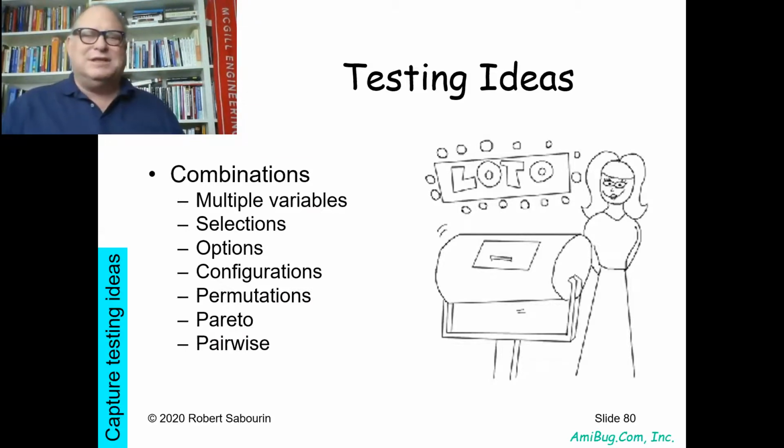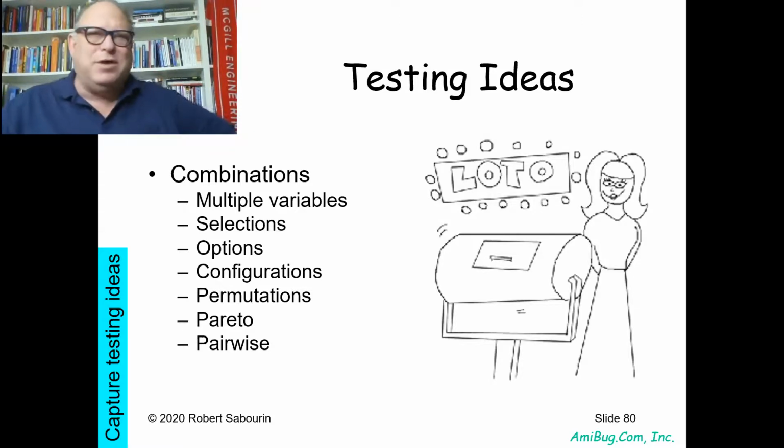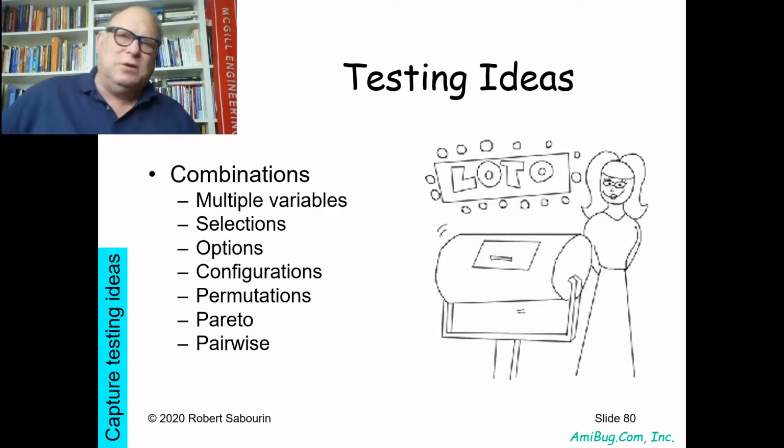I always share examples where in a system, the customer had 60 factorial tests they thought they would try, and 60 factorial is 8 point something times 10 to the 81. You have a number that's so large, it's bigger than the number of atoms in the visible universe. There's no way we could test that. Not with all the automation in the world, we couldn't test that reasonably.